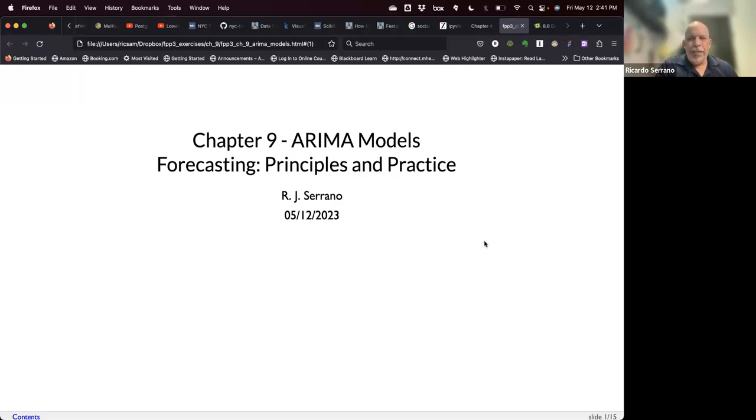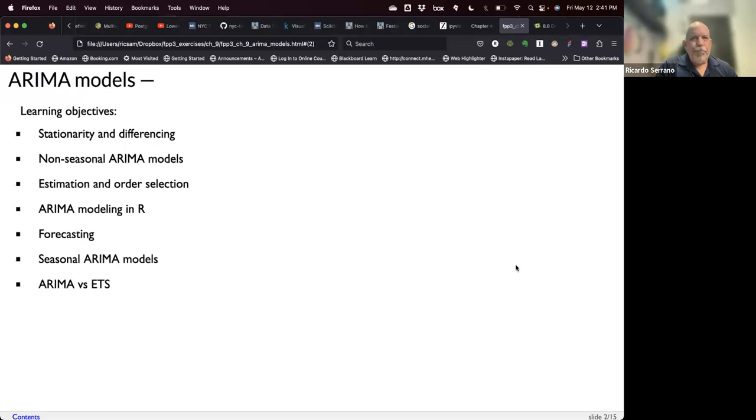So in this chapter, there's a lot of information here. I'm trying to condense the information a little bit, because there's a lot of math and a lot of theory involved. So I'm trying to get the most important things, so that we can understand what an ARIMA model is.